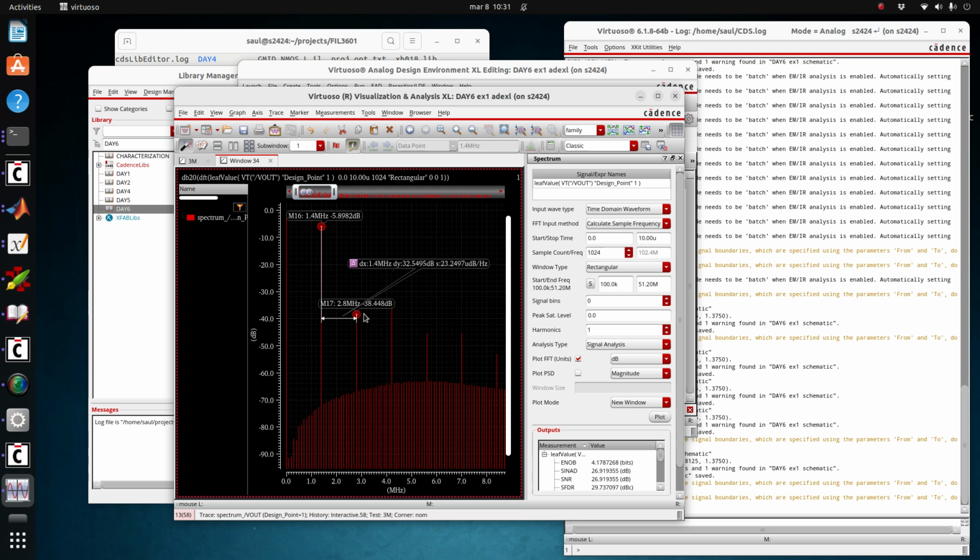We can see that the harmonic distortion is already deteriorating. We have around 30 dBs under the third order, and the second order is also around 30 dBs. So it is starting to become very strong distortion.